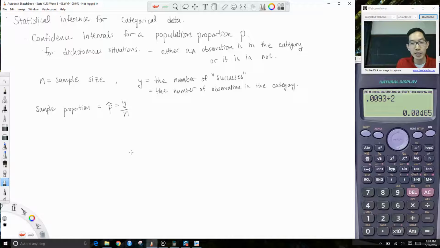So the sample proportion p hat is y over n. But our textbook chooses to use what's called the Wilson adjusted proportion.